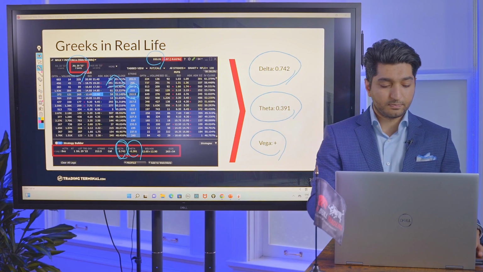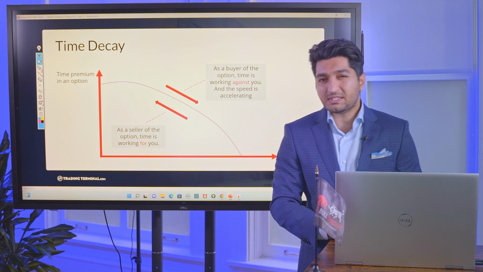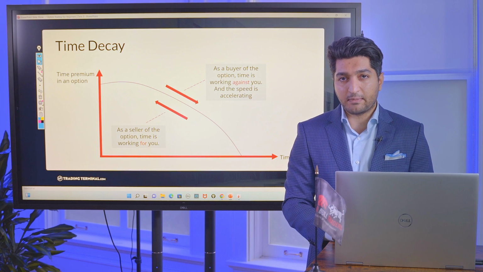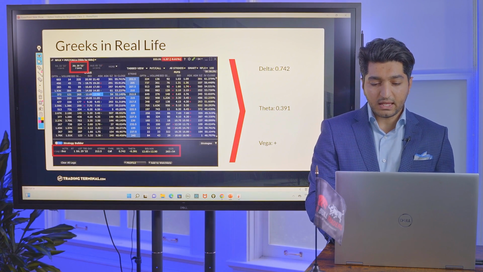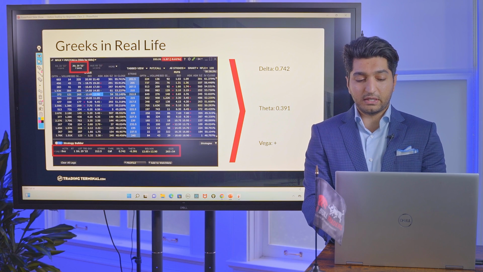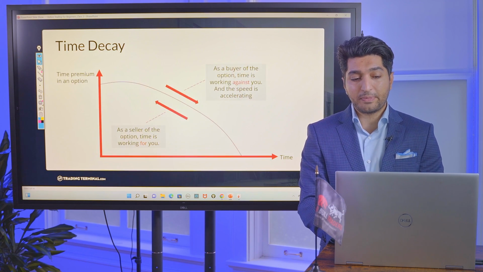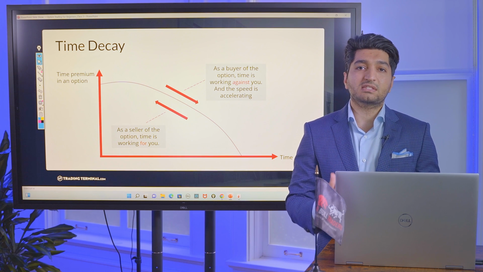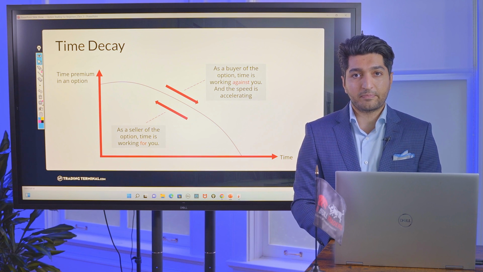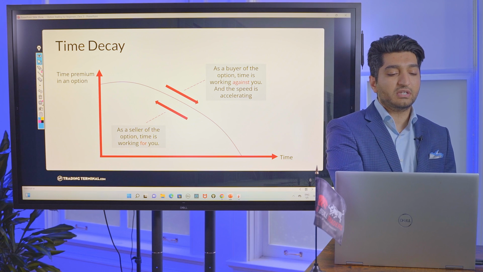Now let's spend some time on theta and time decay. While looking at the option chain, the theta seems linear, every day 39 cents in this example. The reality is theta doesn't actually move in a linear fashion. In the beginning, it moves really slowly.